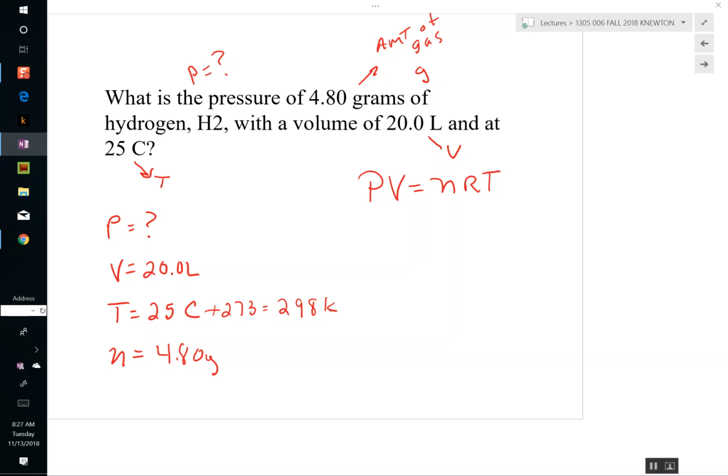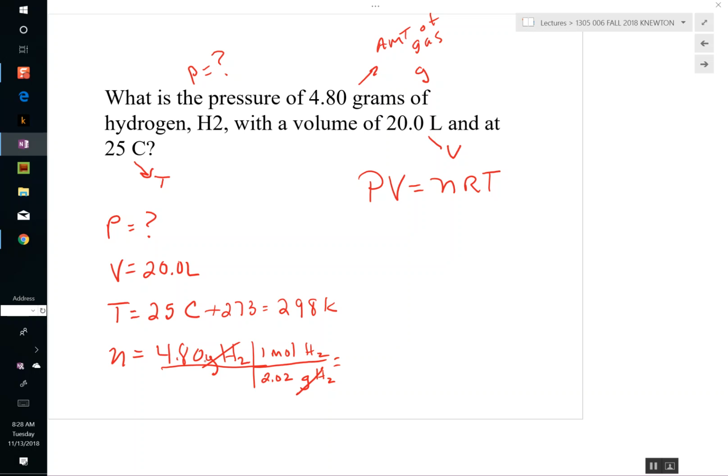If it's given to you in moles, you can just use it directly. But 4.8 grams of hydrogen times 1 mole of hydrogen per 2.02 grams of hydrogen is going to convert.